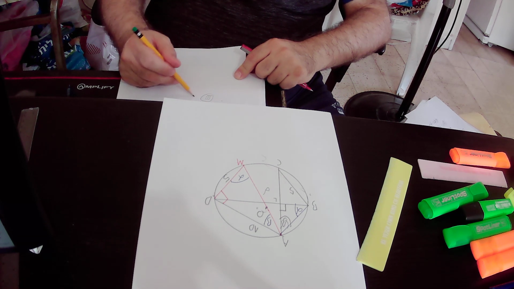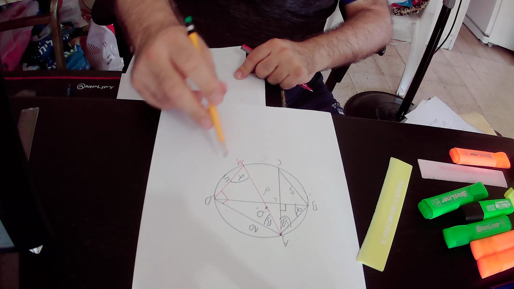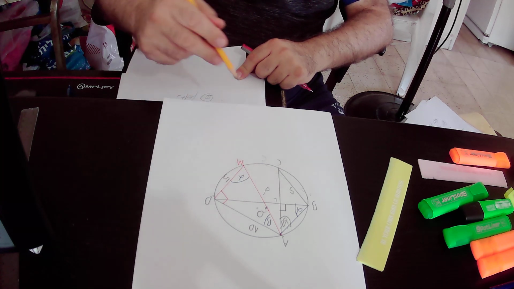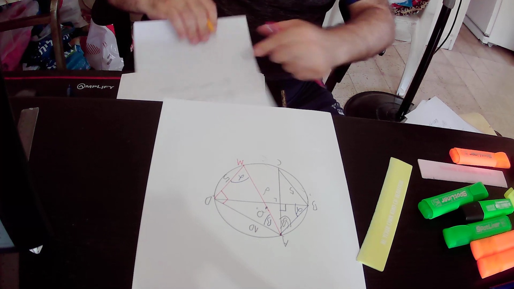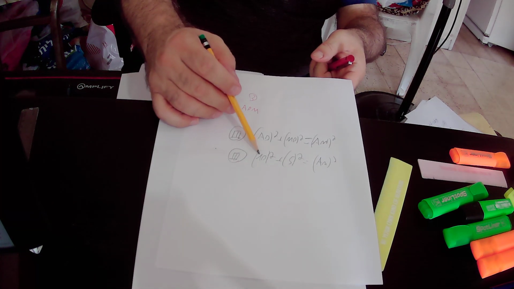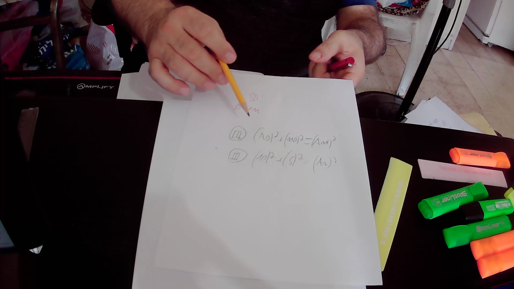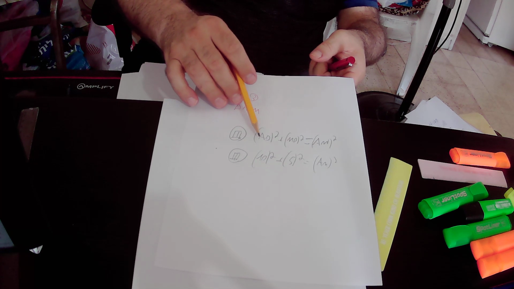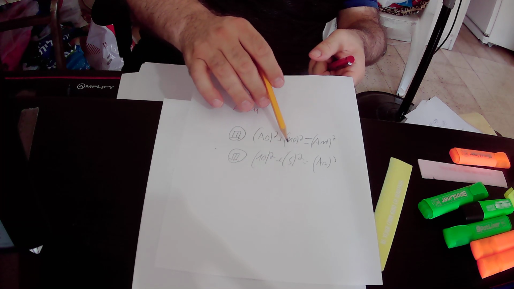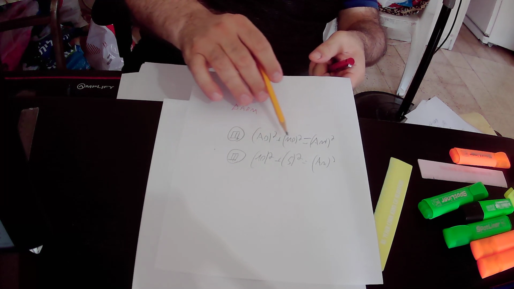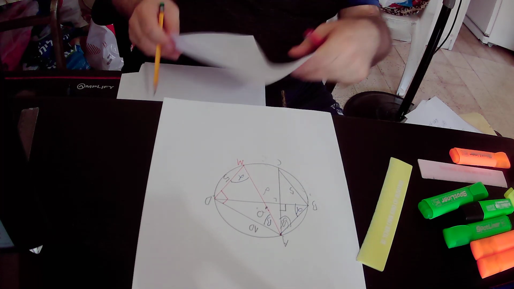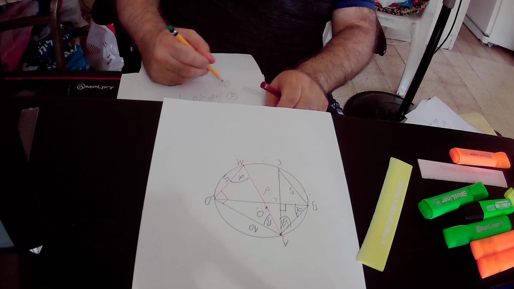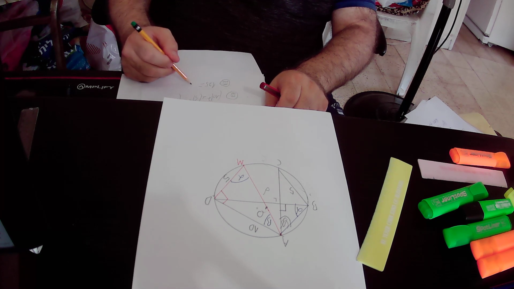AD square is 10 square, and MD is 5, so it is 10 square plus 5 square equals AM square. 10 square plus 5 square equals 125. 125 equals the diameter squared.